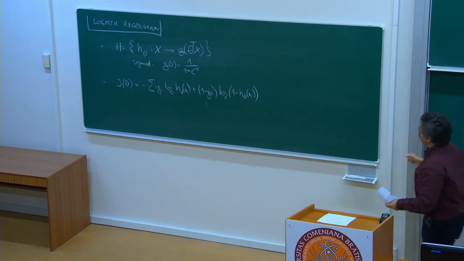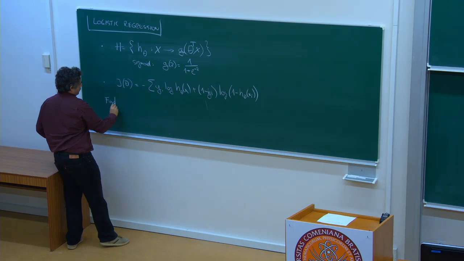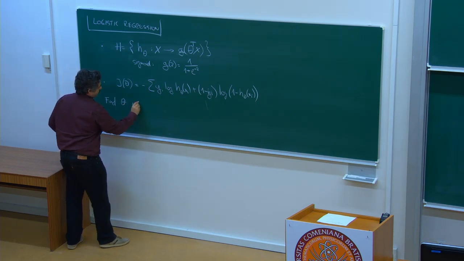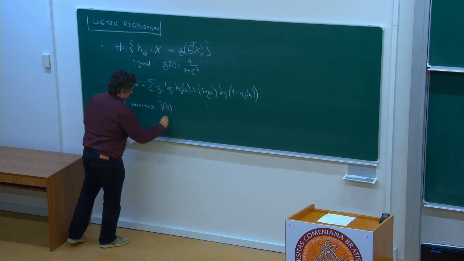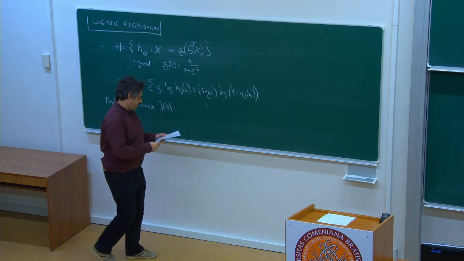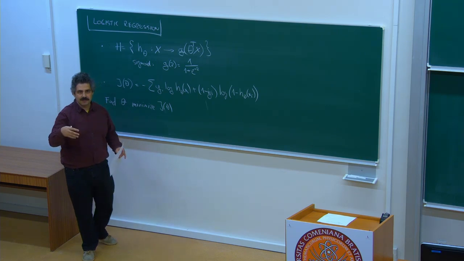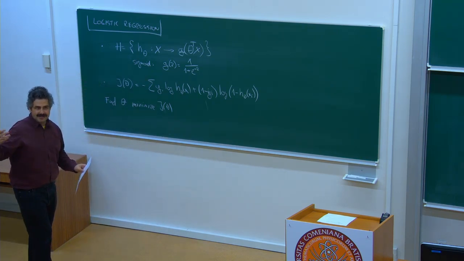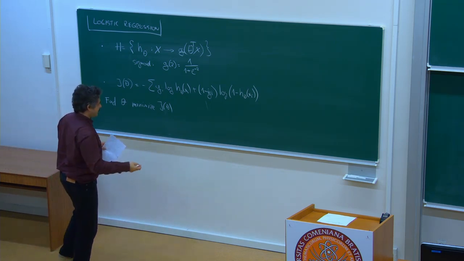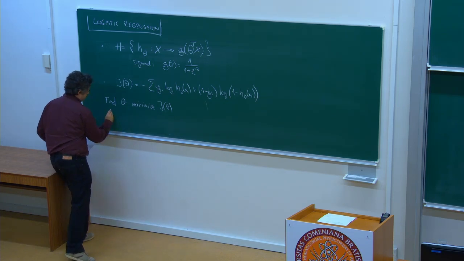So we want to minimize J(theta), so find parameters theta that minimize J(theta). We said it would be difficult to find a closed-form solution like with linear regression, so instead we use gradient descent, as suggested in the previous classes.